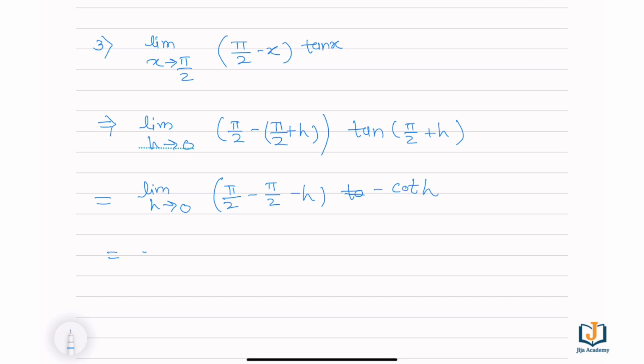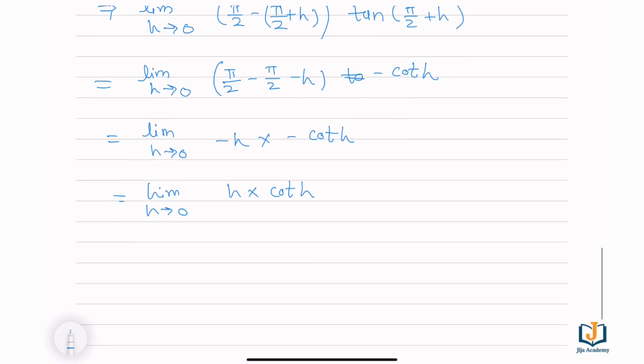So we get here the limit as h tends to 0 of minus h into minus cot h. So we get the limit as h tends to 0 of h into cot h. So for cot h we can write 1 upon tan h.